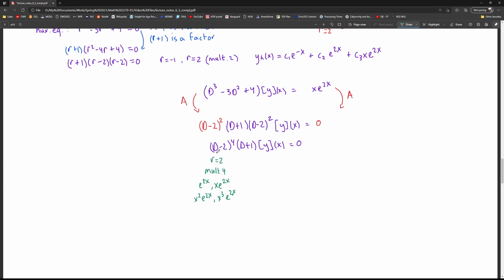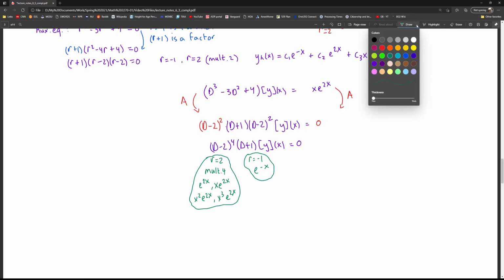Okay, so that's the d minus 2 to the power 4, and then the d plus 1, that's a root r equals -1. Multiplicity is just 1, so I get e to the power -x. So I have 1, 2, 3, 4, 5 functions that will be part of my general solution.